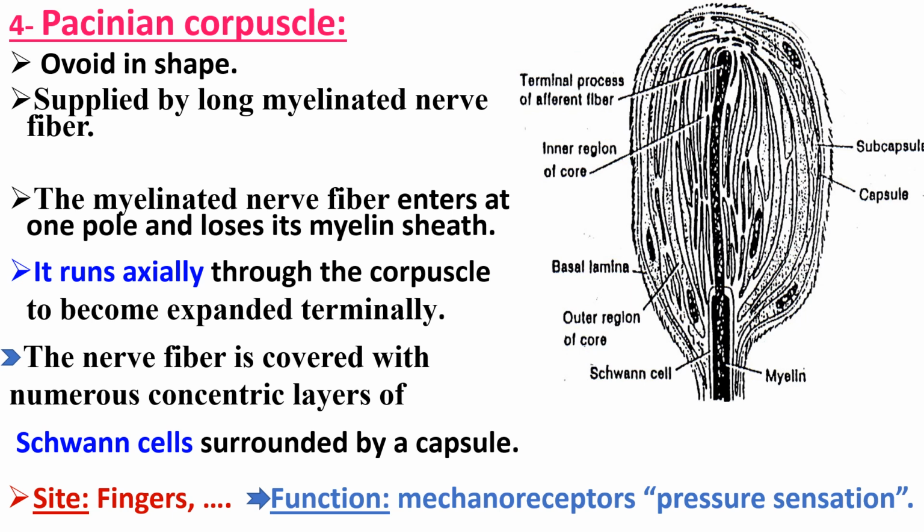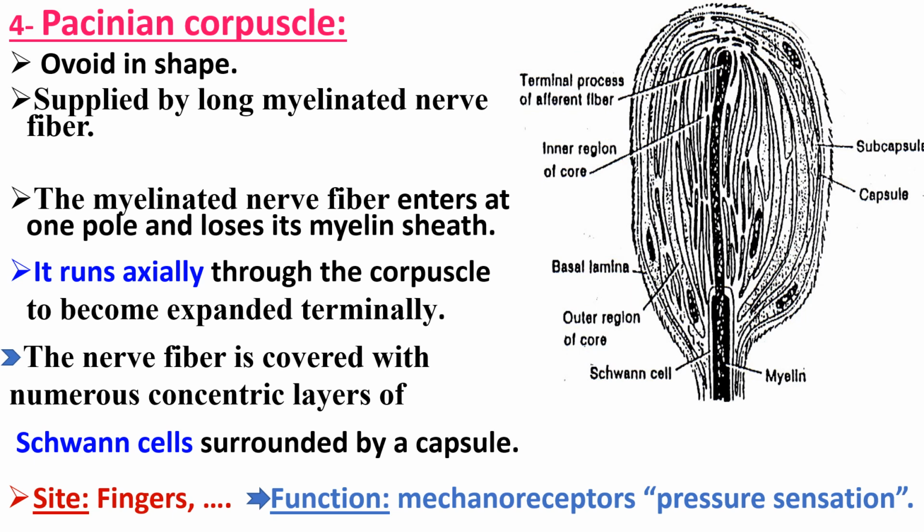When the myelinated nerve fiber enters the corpuscle, it loses its myelin, and the nerve fiber runs axially in the corpuscle. At its end, the nerve fiber becomes expanded at its terminal part.